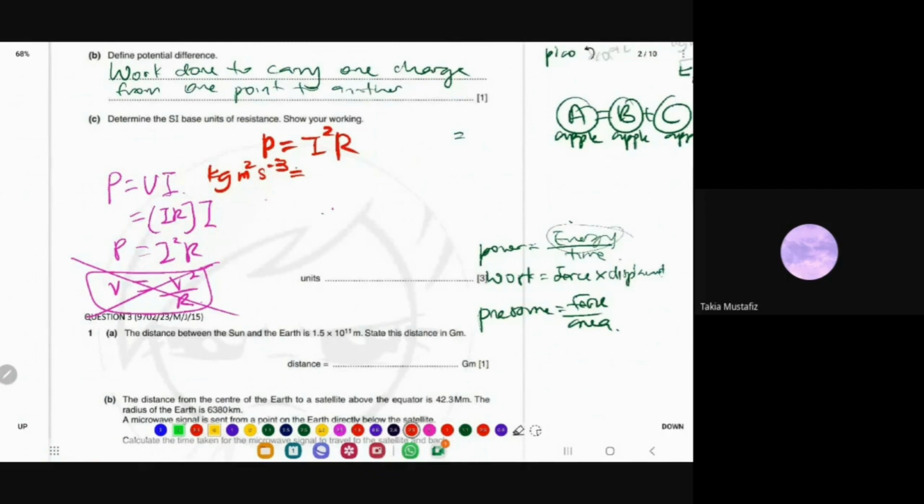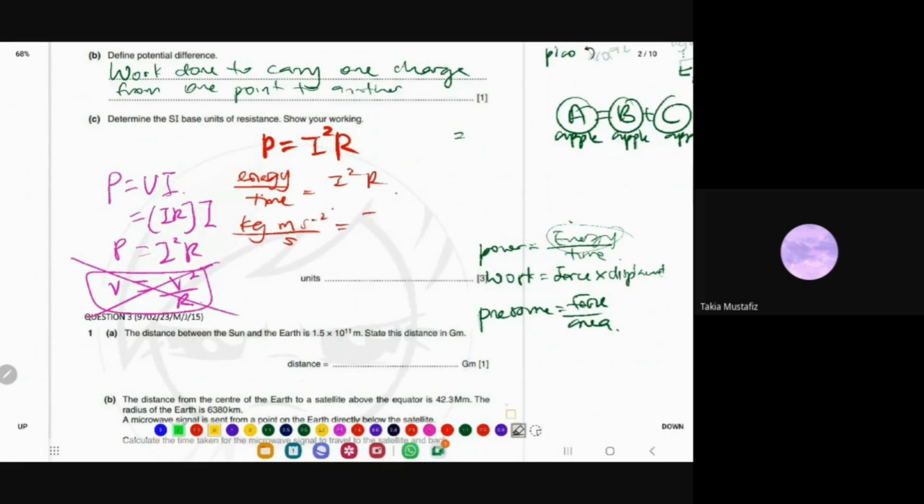Okay, let's do it again. Energy is force times displacement, force is mass times acceleration, divided by time again.